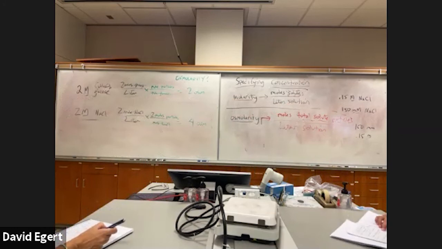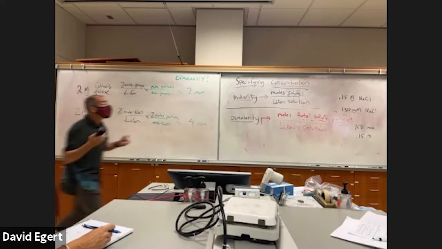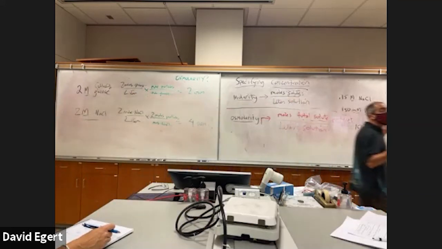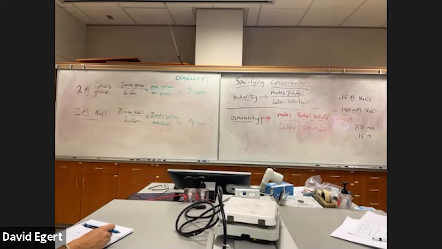So often in the real world, rather than specifying things in molarity, you specify them in what we call percent solution, just like the weight: how many grams of solute per grams of solution? So let me complete our discussion of concentration by looking at percent solution.